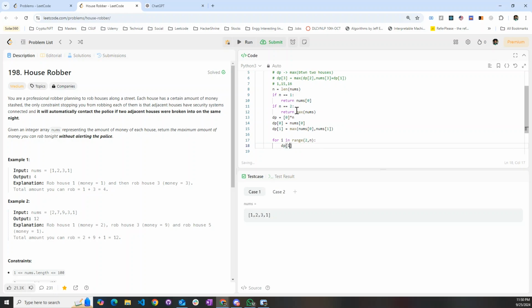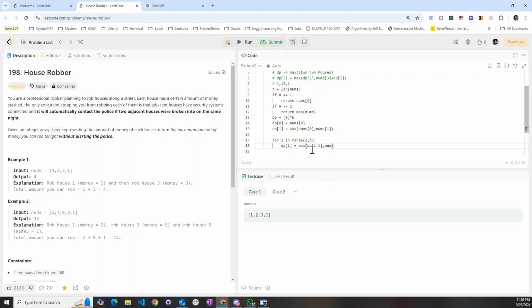So dp of i is going to be like we discussed over here. We take the maximum. First one would be that we do not take the ith value, with the assumption that the previous maximum that we had was the maximum amount that can be robbed. So that would be dp of i minus 1.